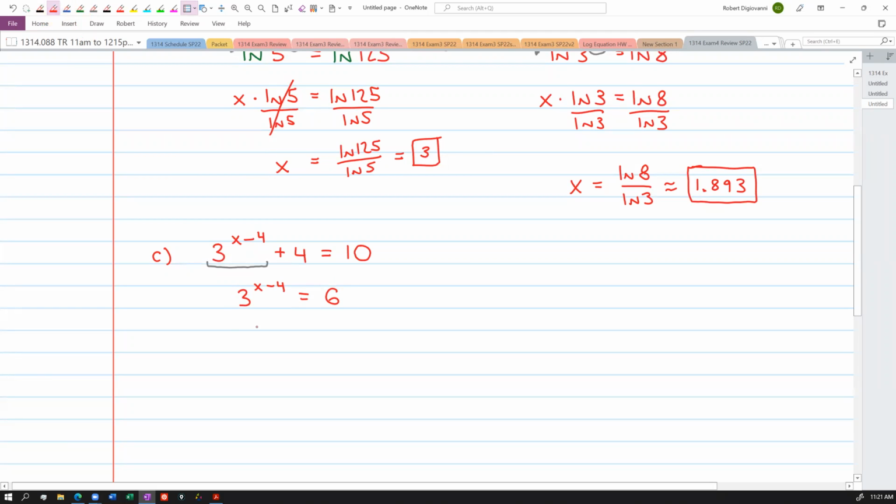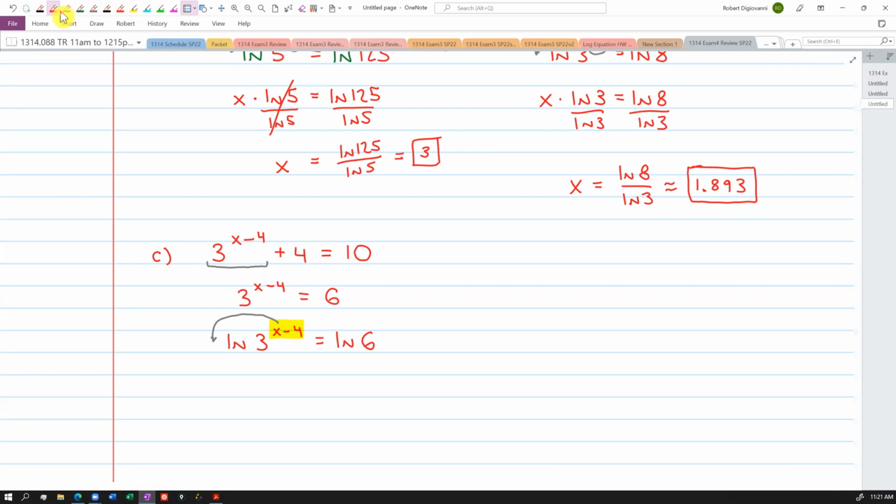So when I bring in the natural log on the left side and bring in the natural log on the right side, you remember, you always have to do it on both sides. That will allow me to take the entire expression x minus 4 and drop this out front. So be careful because this is more than just x.